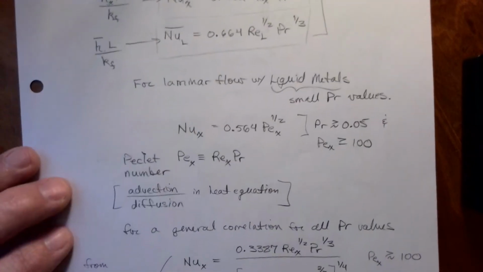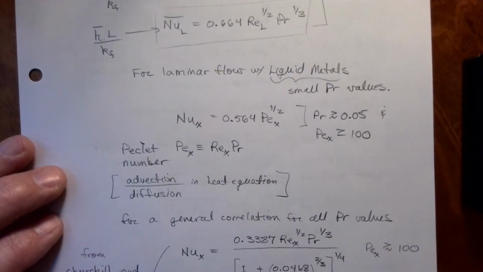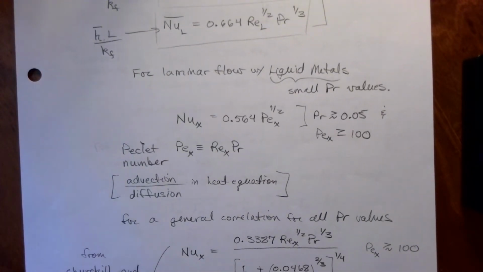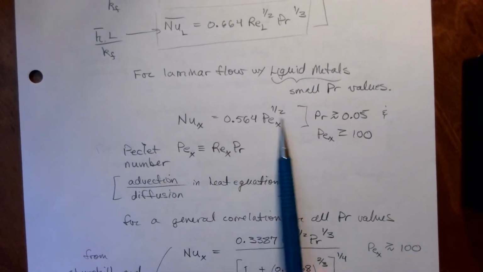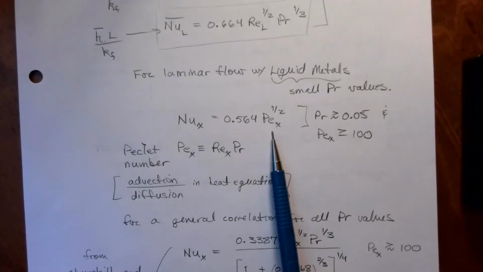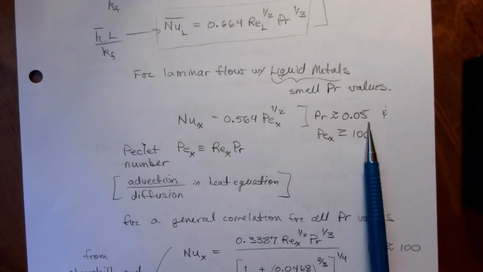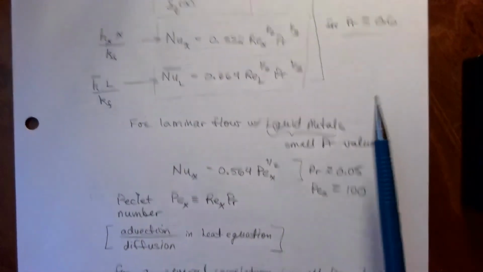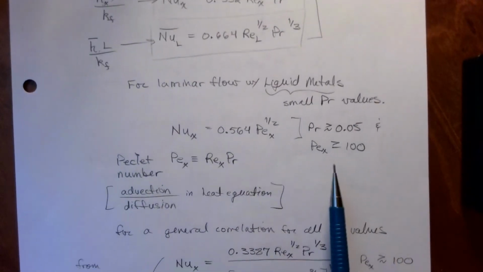The one exception is liquid metals, which correspond to low Prandtl number values. So if you're looking at flows of molten material and metals, maybe you're analyzing a weld pool or something like that, then you're going to need to go to a special correlation for these. This is valid for Prandtl number greater than 0.05 and then up to 0.6.